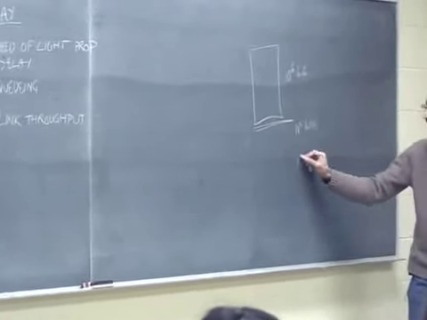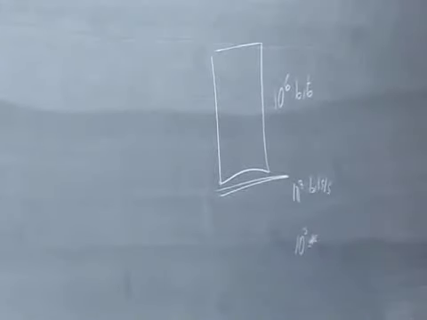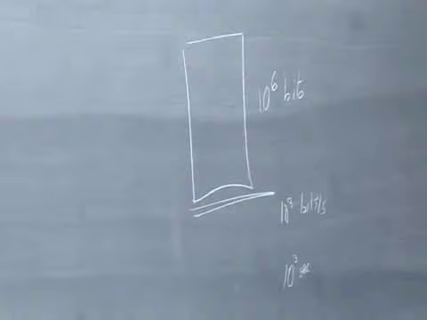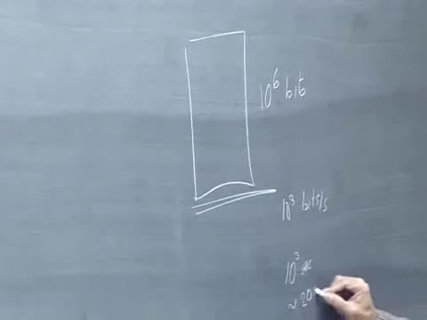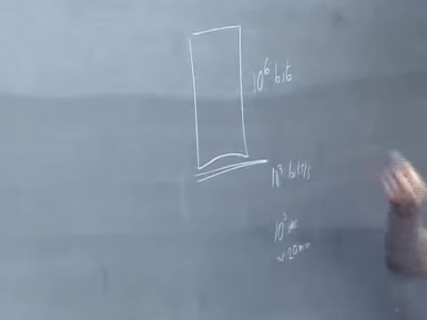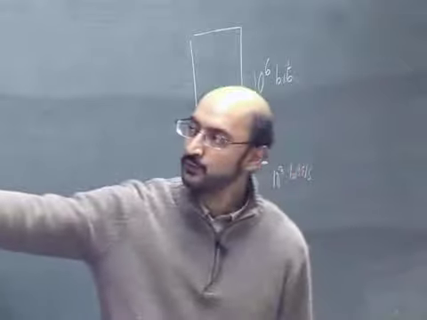Well, it's going to take me 10^3 seconds, which is 1,000 seconds, approximately 20 minutes. So this 10^6 bits is going to take me 20 minutes to send. That's delay, because until I get the whole file, I can't do what I'm supposed to do with it. So the link throughput adds a delay.